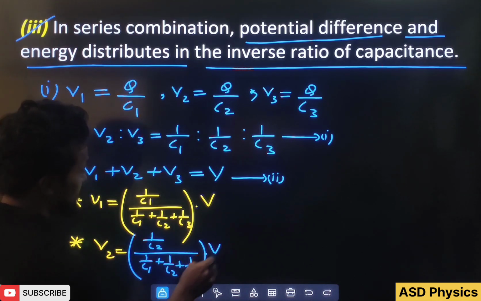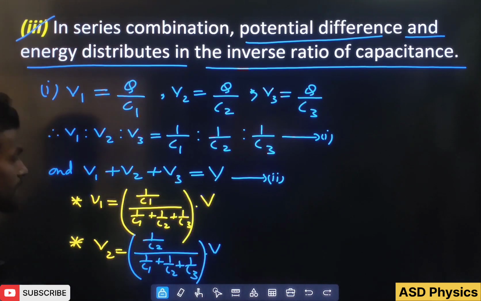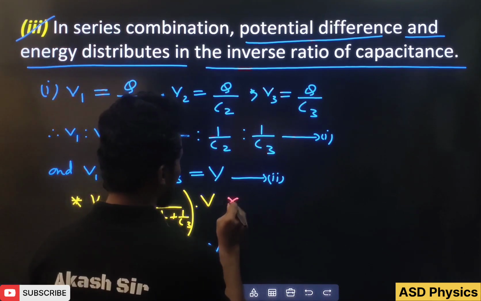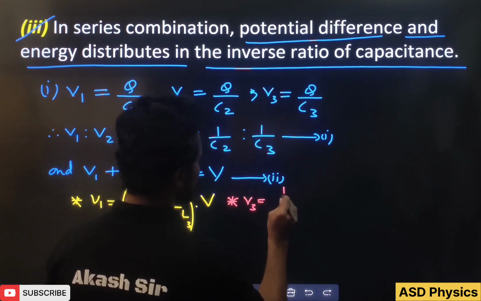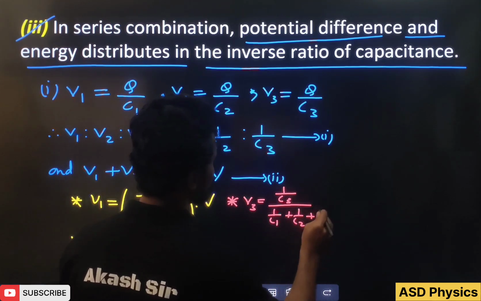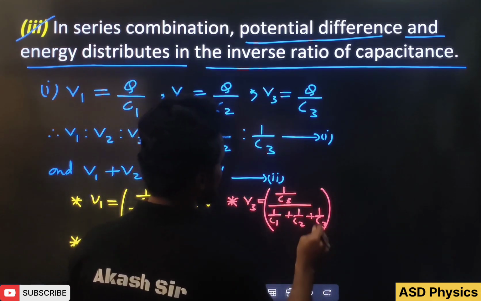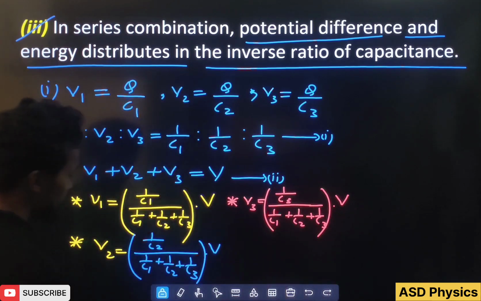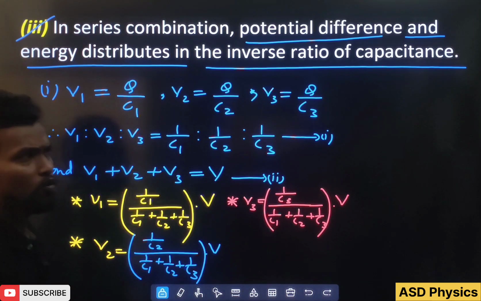Individual voltages we are writing here. Similarly, V3 will be 1 by C3 divided by 1 by C1 plus 1 by C2 plus 1 by C3, into V. In this way we can get the voltages.